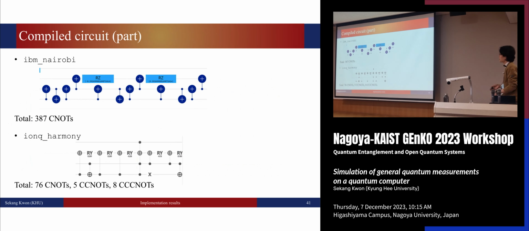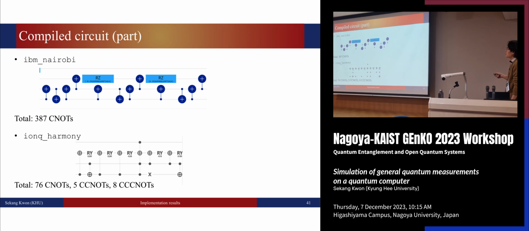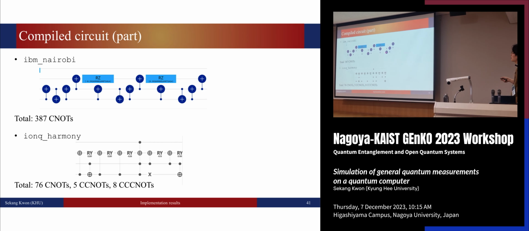So let's look at the compiled circuit. The compiled circuit is very large, so I took a screenshot of a part of it. In the IBM Nairobi, there are so many swap gates and CNOTs.